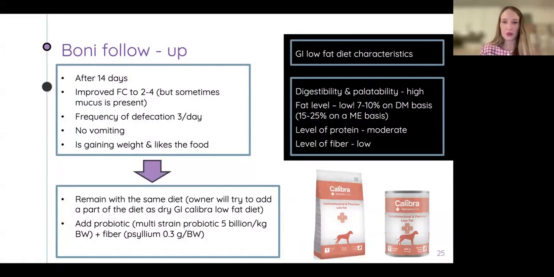And yeah, this would be the complete feeding plan for Bonnie. We are still evaluating, but it looks good so far. So we hope that Bonnie would be in this group of food responsive chronic enteropathy, and then we are going to see long-term stabilization of this patient.